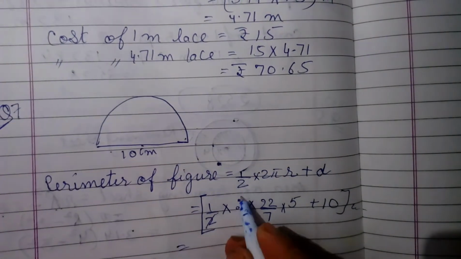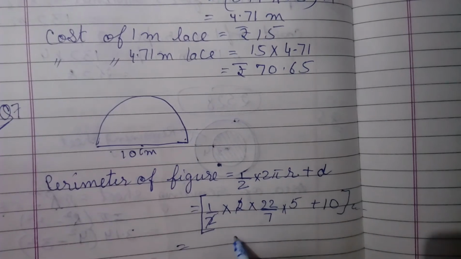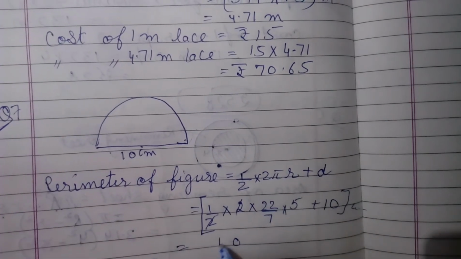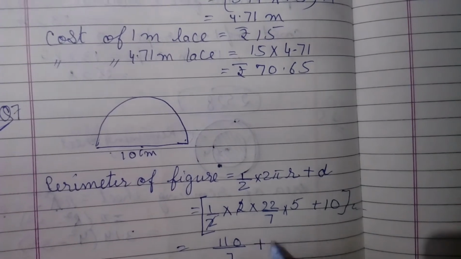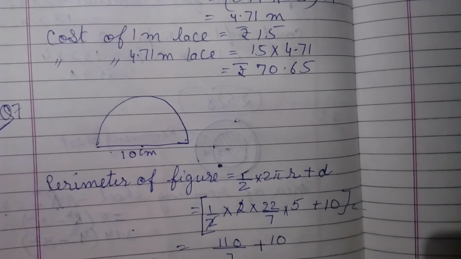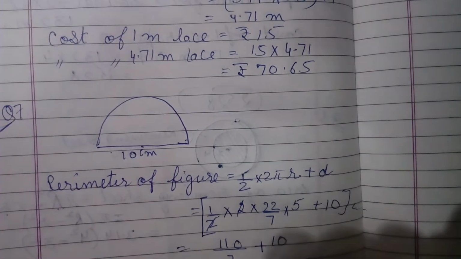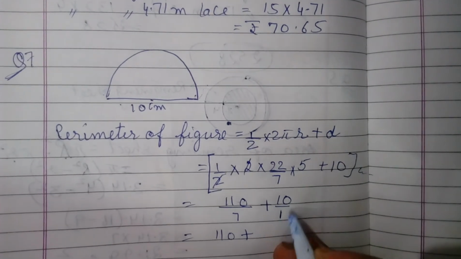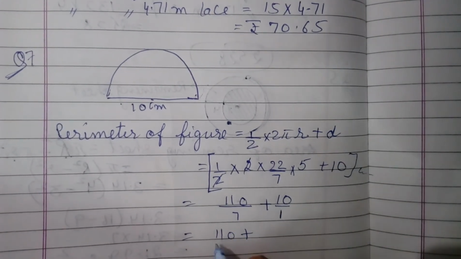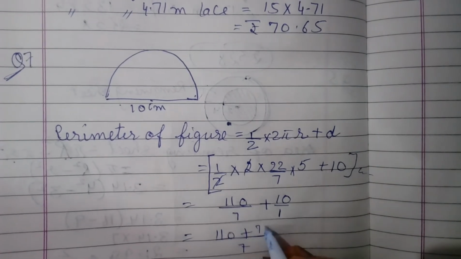Now 2 will cancel and calculate: 5 2s are 10, 1 carry, 5 2s are 10 and 1 is 11, so 110 by 7 plus 10. On adding, taking the LCM, where there is nothing in the denominator it is 1, so 7 will be your LCM. 7 tens are 70.